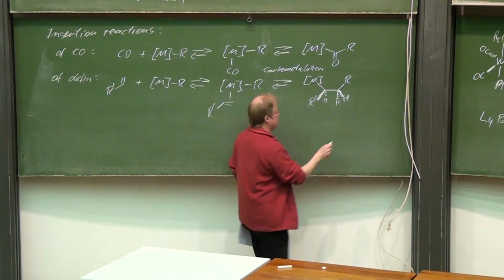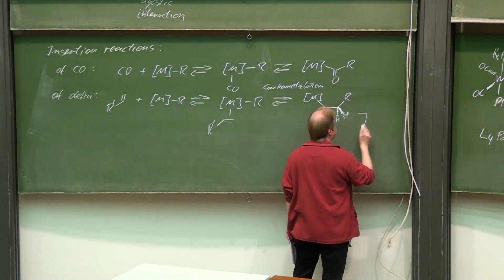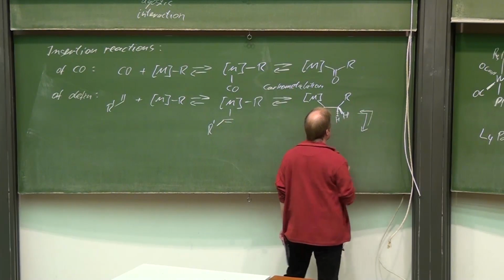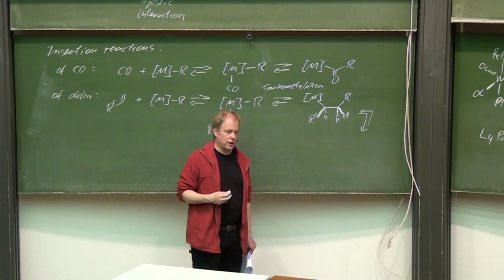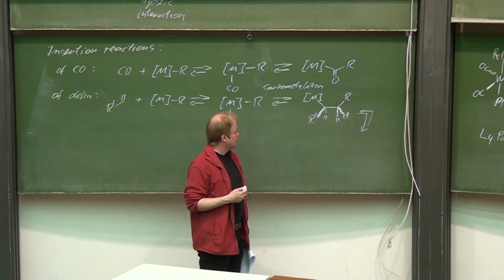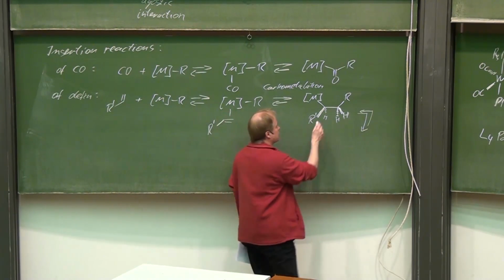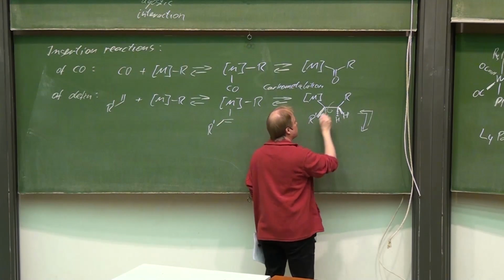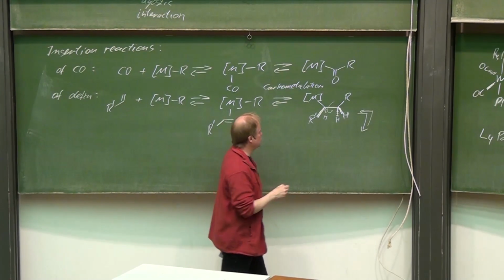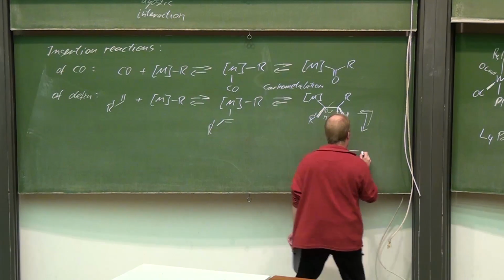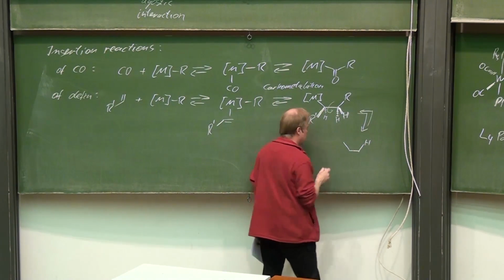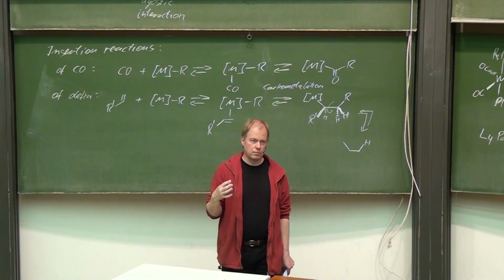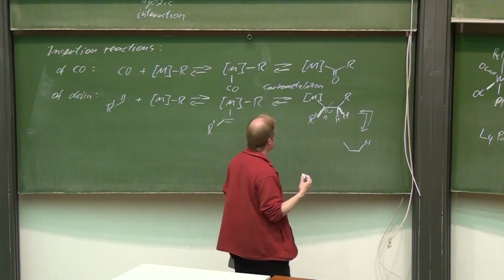So then for a beta hydride elimination, this carbon-carbon bond should rotate until a hydrogen is in a syn periplanar position.